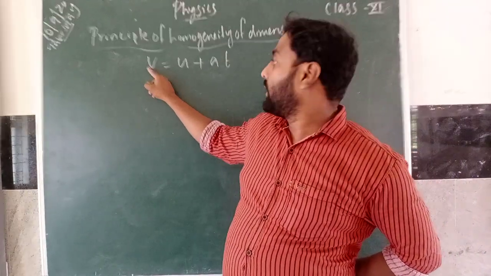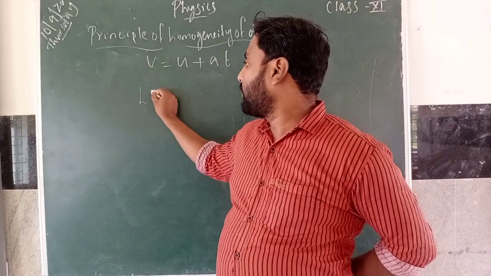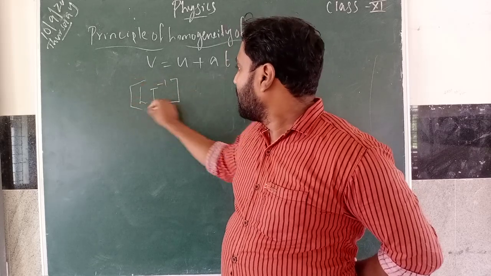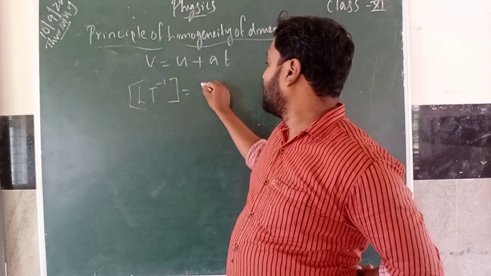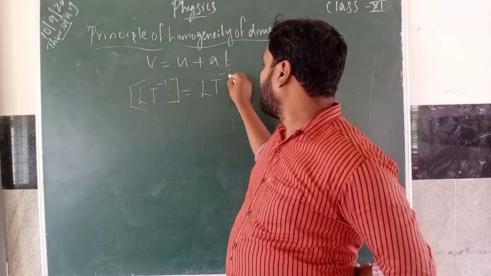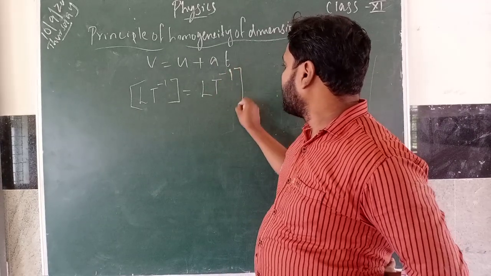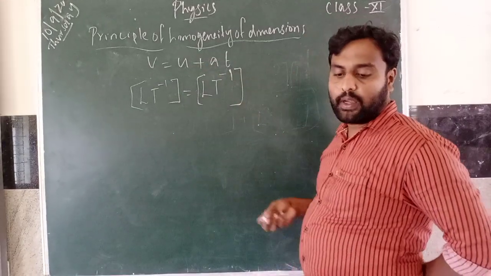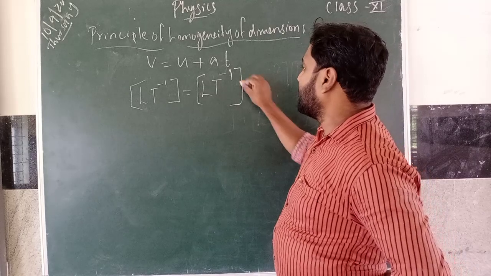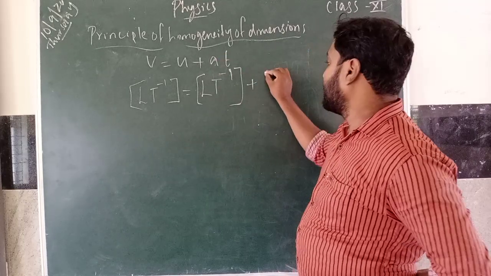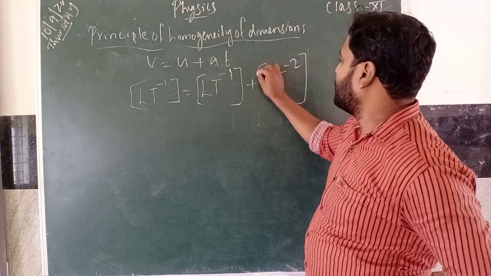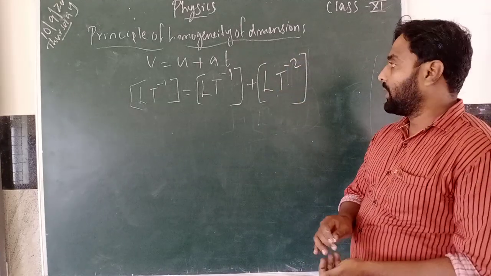V means dimensional formula LT power minus 1, equal to u, LT power minus 1. V is velocity, u is also velocity, so LT power minus 1. Now plus a, acceleration, whose dimensional formula is LT power minus 2.